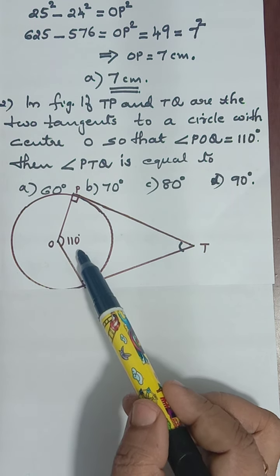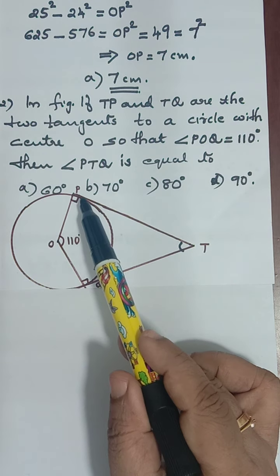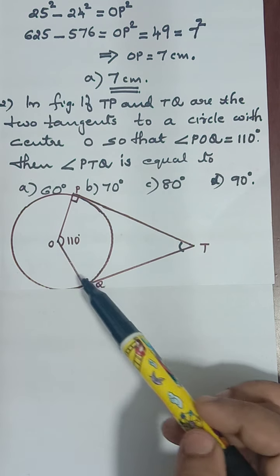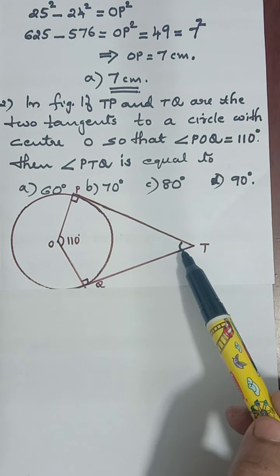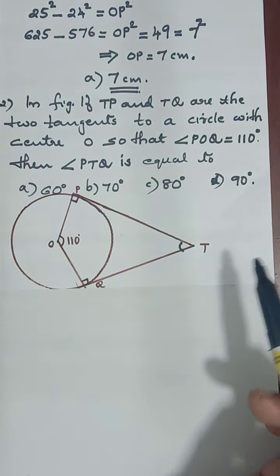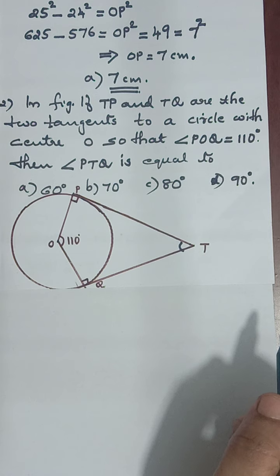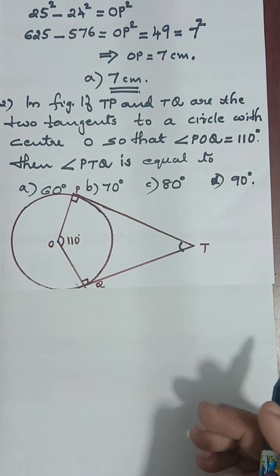Angle POQ is given to us as 110. So is this forming a quadrilateral? POQT is a quadrilateral. The angle sum property of a quadrilateral you have learned: the sum of the angles of a quadrilateral is equal to 360 degree.